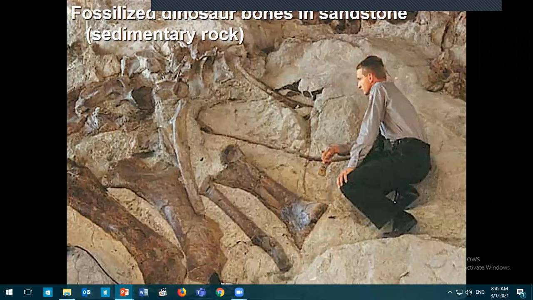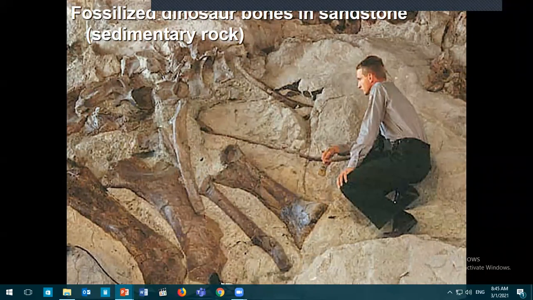This is a scientist standing next to fossilized dinosaur bones. You know that now we can find most of the fossils in sedimentary rocks, right? Yes, because we cannot find them in igneous rock, because igneous will actually melt before becoming a hard rock, and that means all the fossils will also melt.